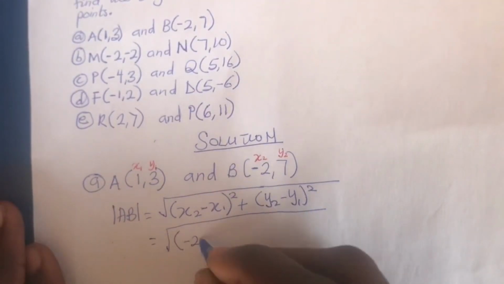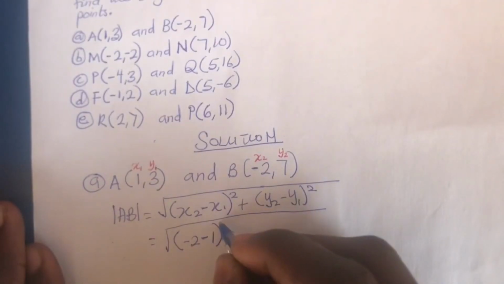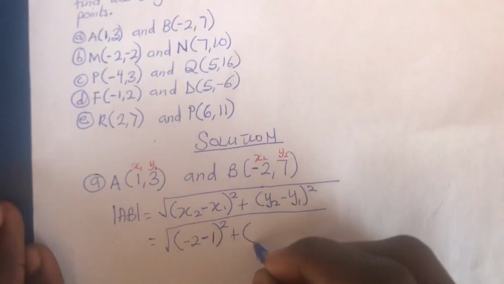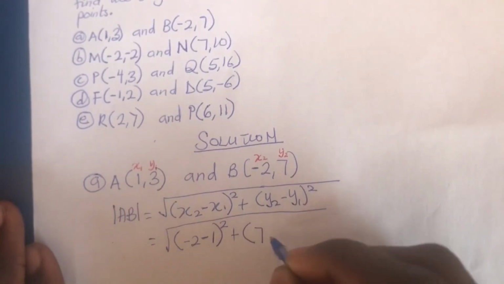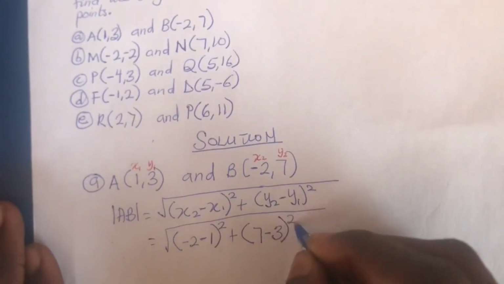Then this minus sign. Our x1 is what? 1, brackets close, squared. The plus. Then another bracket. Our y2 is what? 7, right? This minus. And our y1 is what? 3, also squared.